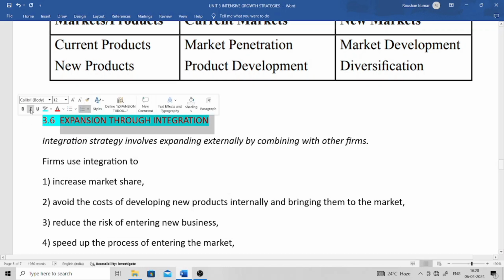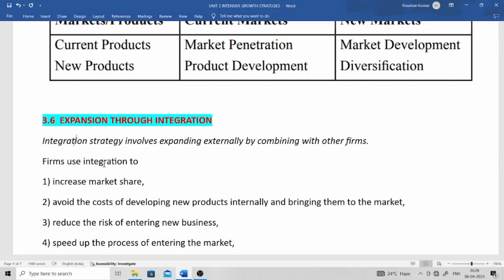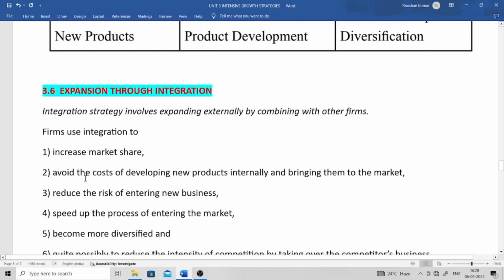Sixth, quite possibly to reduce the intensity of competition by taking over the competitor's business. So firms use integration due to such reasons. There are two major kinds of integration here: vertical and horizontal integration.